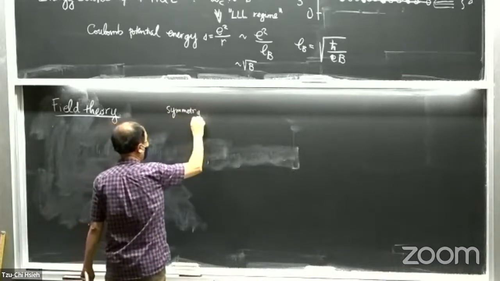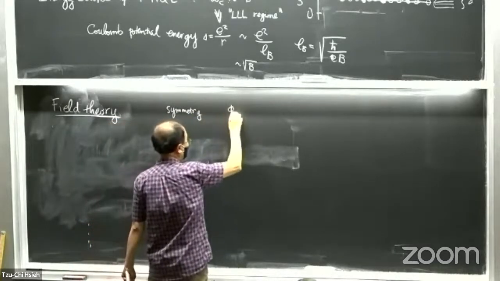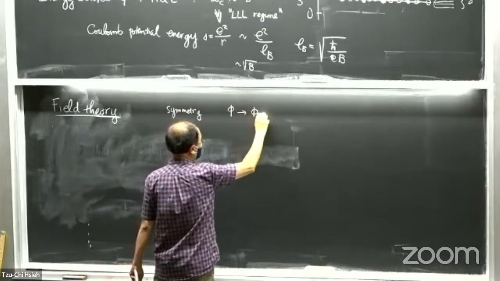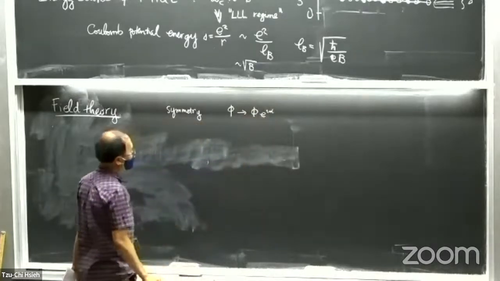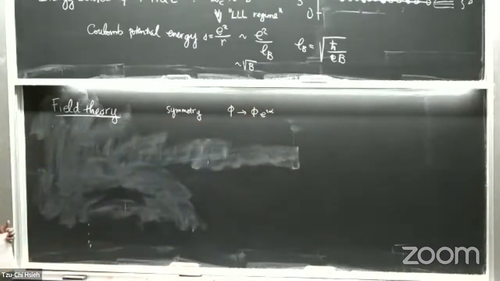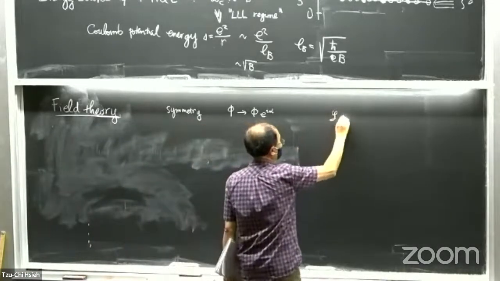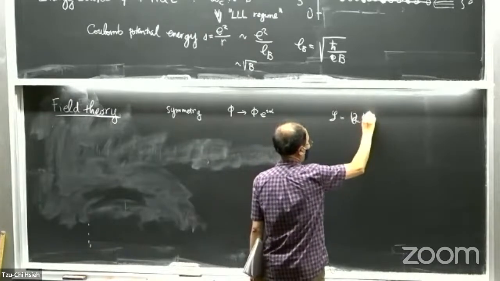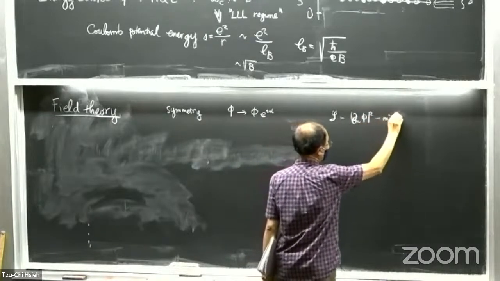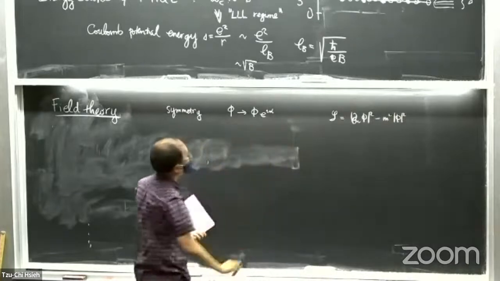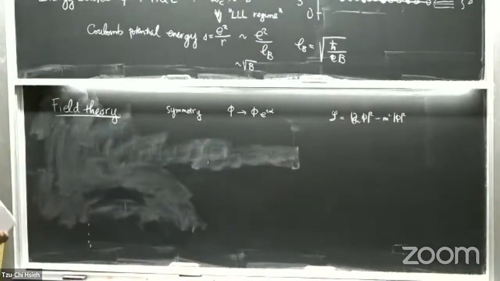One typical, simple symmetry is the symmetry of a complex scalar field with some Lagrangian. It isn't very important how it looks, but say this Lagrangian. It's invariant under rotation of the phase of phi, and it also tells us that the conservation of charge is related to this symmetry. How can one derive this?